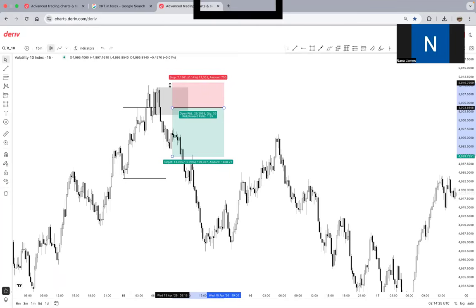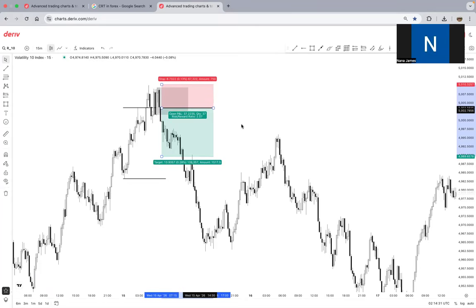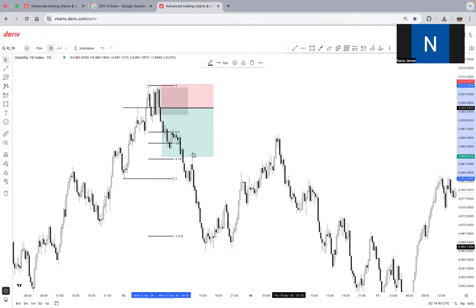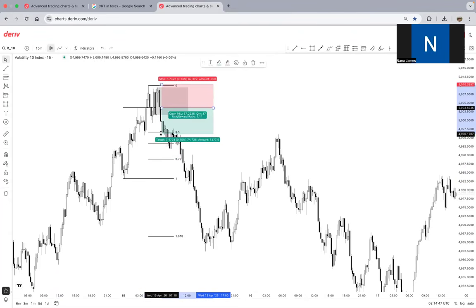All right. Or we could have, so let me see, from the high to the low, where is our 50%? Okay, so this would have been our 50%, almost like a 1:1, which is not too good.